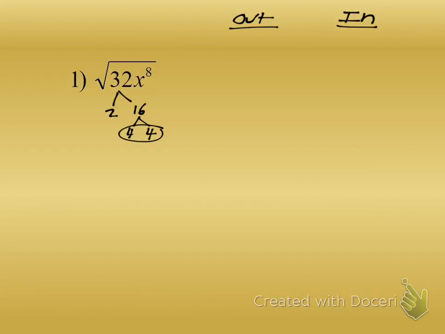So these will have some things left inside the radical, so we have to keep them organized as to what is inside and what is outside. Outside come your pairs, and they go as 1. So outside we have how many 4s? 1. Anything not paired up is inside. So 2.